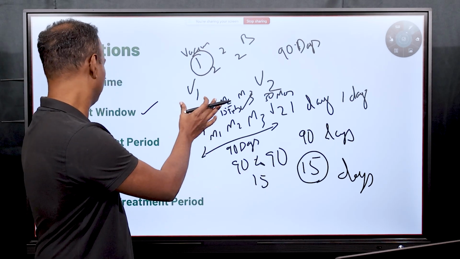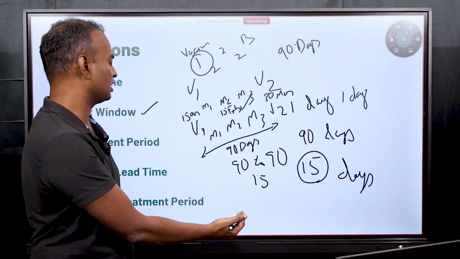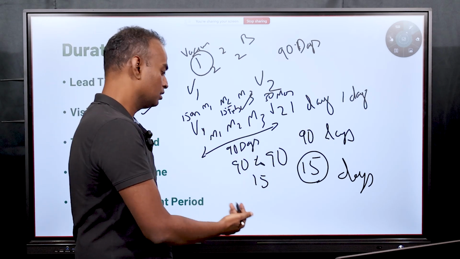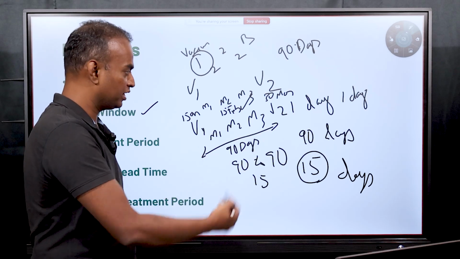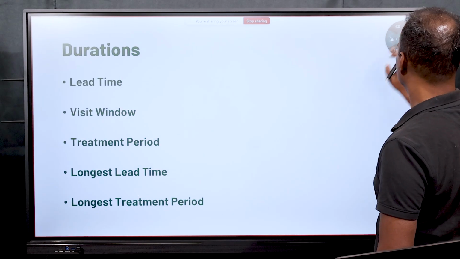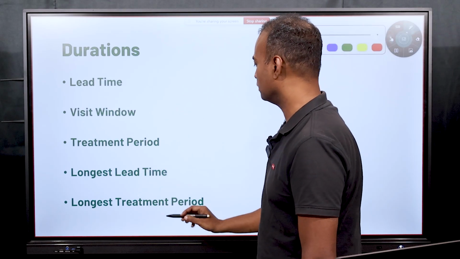Within the same visit window there can be three different types of treatment periods, based on the clinical trial or the number of days the test drug has to be taken. So now you understood lead time, visit window, treatment period, and longest lead time.